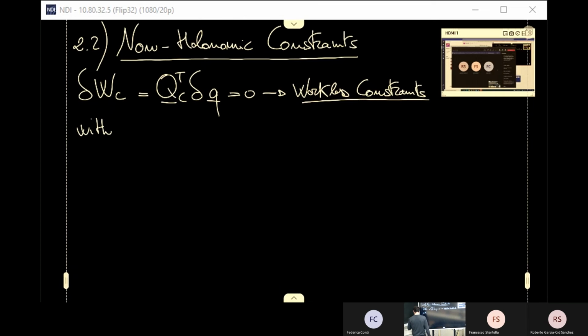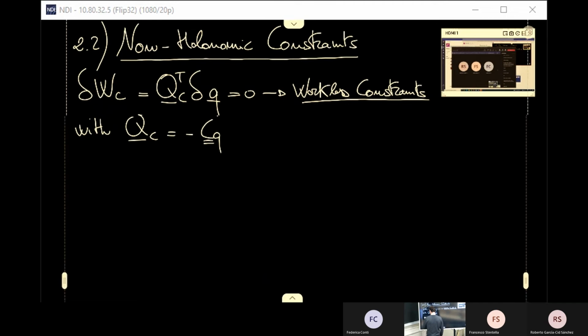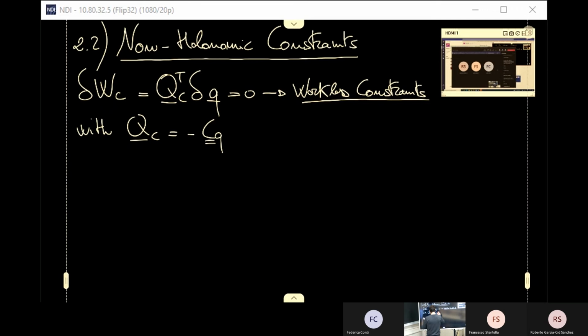But then, as we did before, what we do is writing down this QC, so the generalized contact forces, as minus CQ transpose applied over the Lagrangian multiplier lambda.